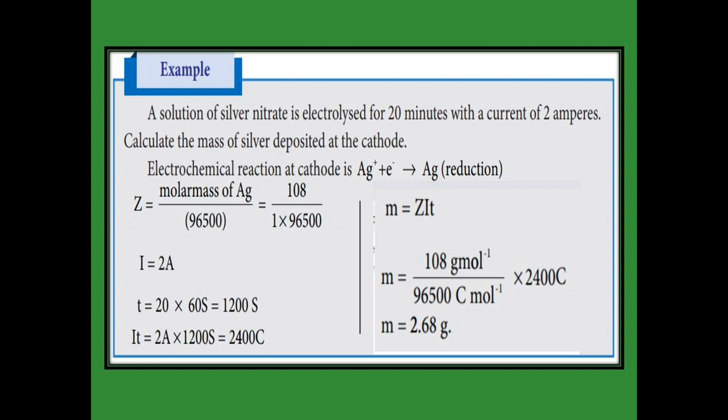The Ag plus gets one electron and is deposited as Ag. So instead of n we put 1, and we get the Z value as 108 divided by 96,500. Now we put the I, t and Z values in the m equation. We get the mass of silver as 2.68 gram.